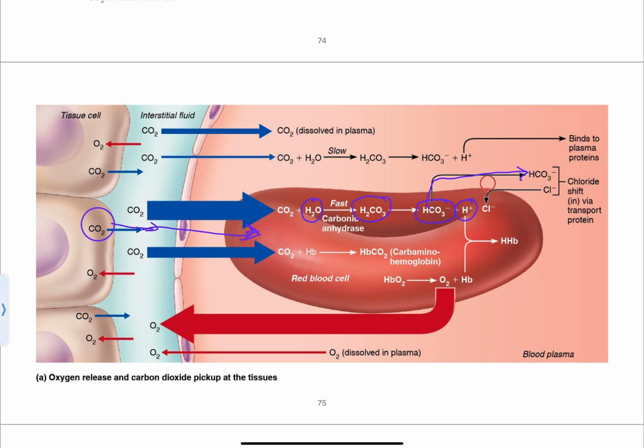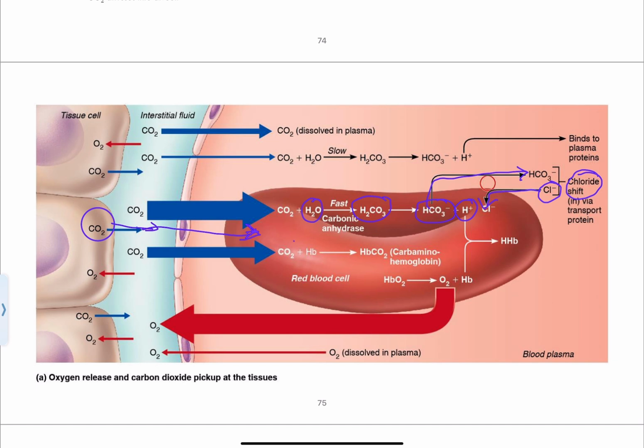But because we're losing a negatively charged ion, we need to bring in a negatively charged ion. And we do. And that ion is chloride. So chloride ion comes in. The shift or the exchange of a bicarbonate ion for a chloride ion is referred to as the chloride shift.